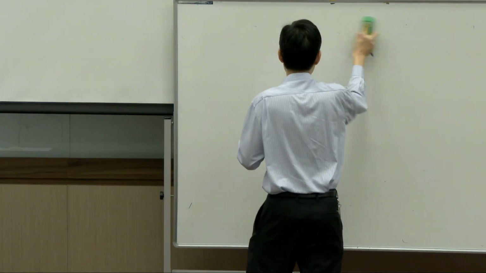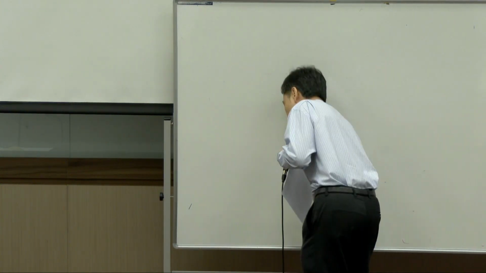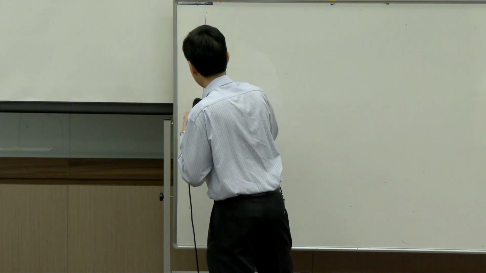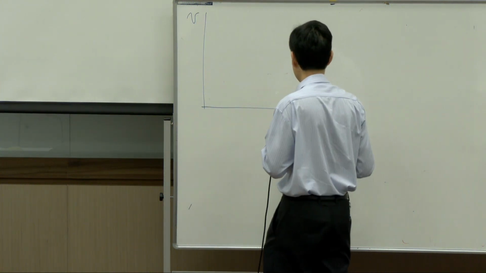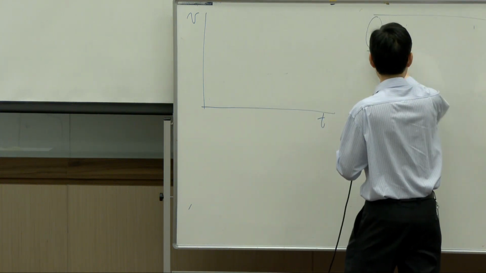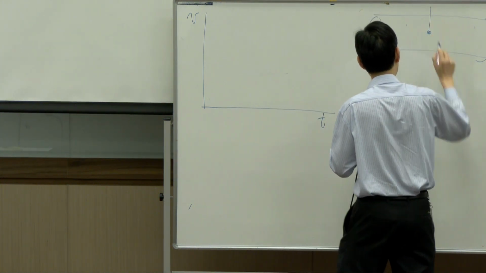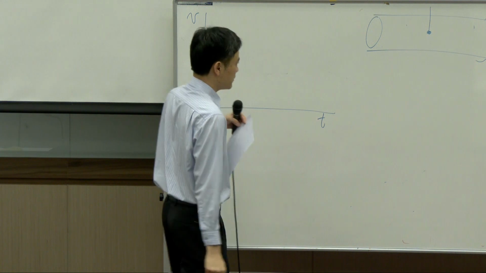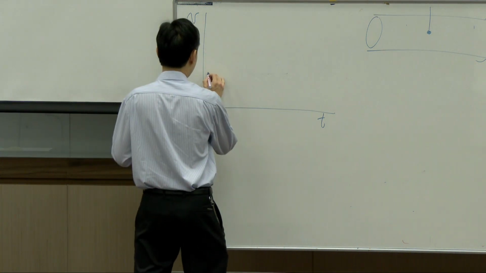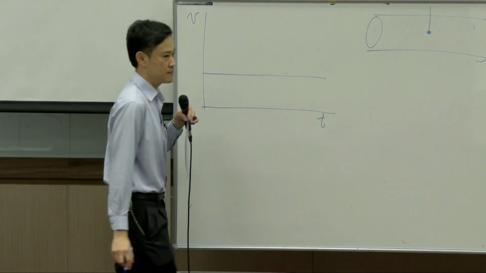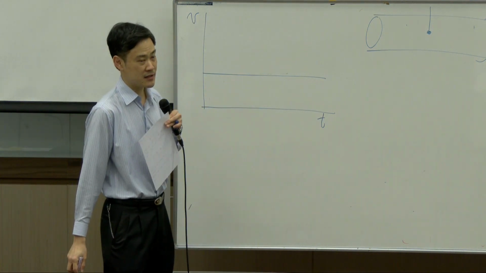The reason I said that turbulent flow is a function of time is essentially this: if you plot velocity with respect to time, let's say you have a pipe and you measure velocity at one single point. If it is laminar, the graph is supposed to be like this, right? Laminar at steady state.